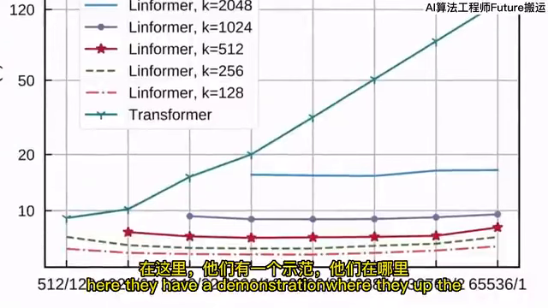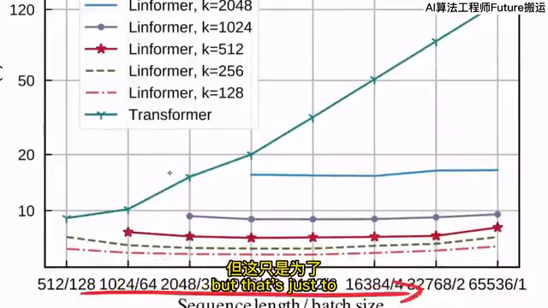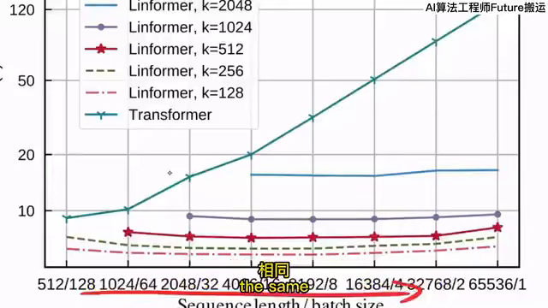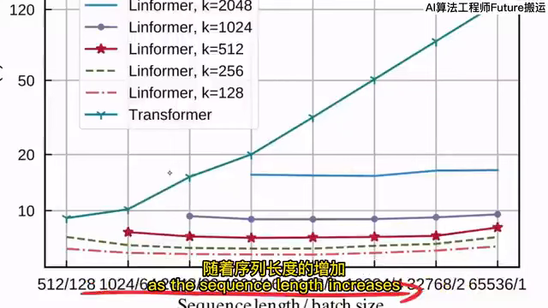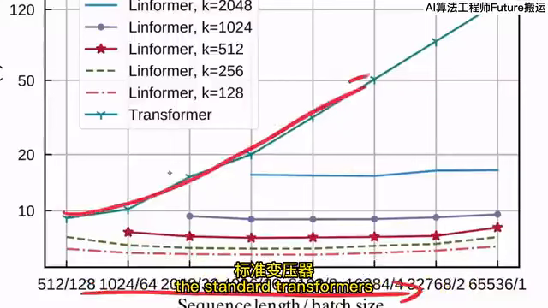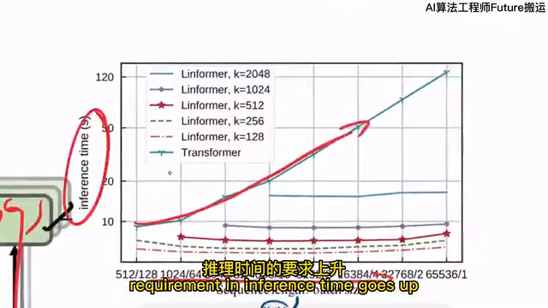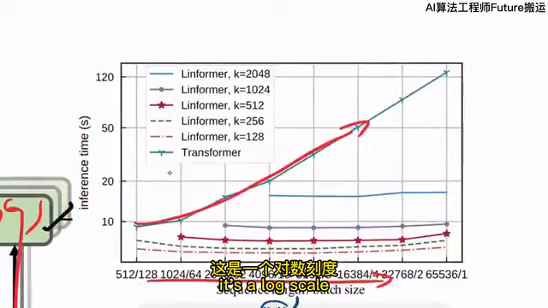Okay, so here they have a demonstration where they up the sequence length, and you can see the batch size decreases, but that's just to keep the total amount of flops to be done the same. You up the sequence length and down the batch size. As the sequence length increases, the standard transformer's requirement in inference time goes up. And as you can see, this is not a linear scale, it's a log scale, log 2.